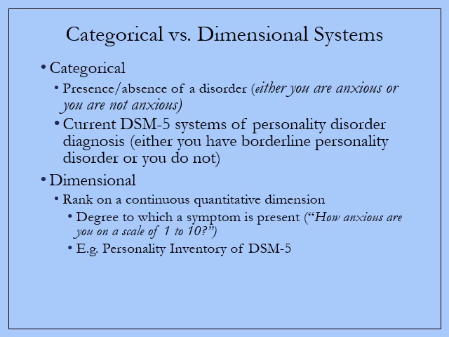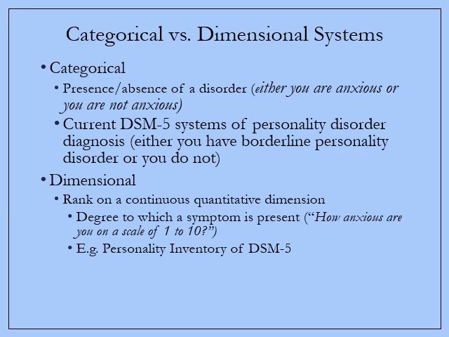Either you meet criteria for social anxiety disorder or you do not. An example of this would be most of the disorders in the DSM, but also the current DSM-5 system of personality disorder diagnosis is a categorical system. So either you have borderline personality disorder, or you don't have it.